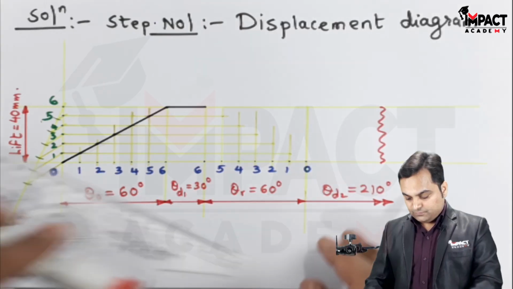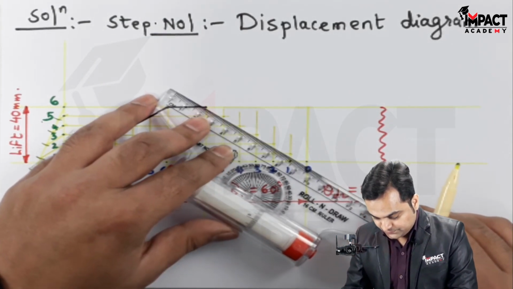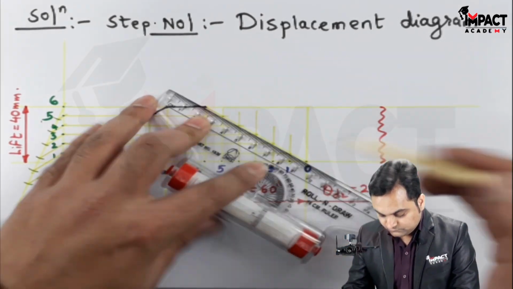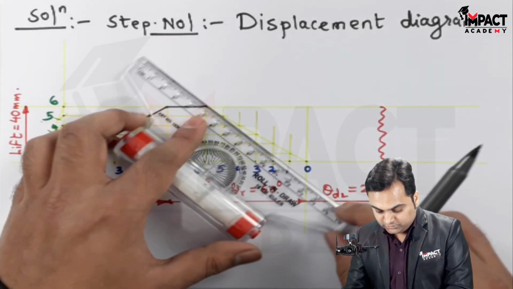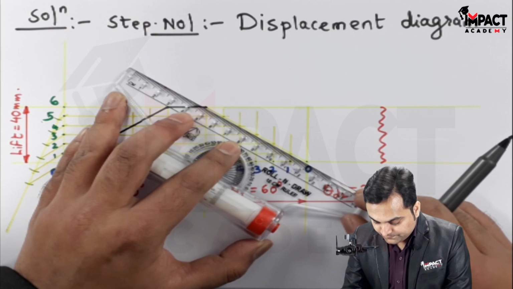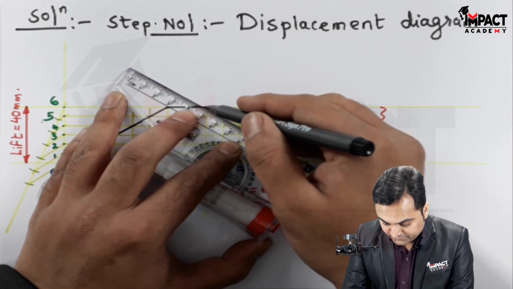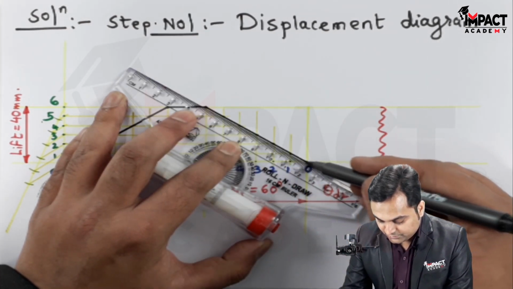So joining these points also in the proper sequence. So this indicates the fall of the follower, also called as the return stroke, where it returns back to its original position.